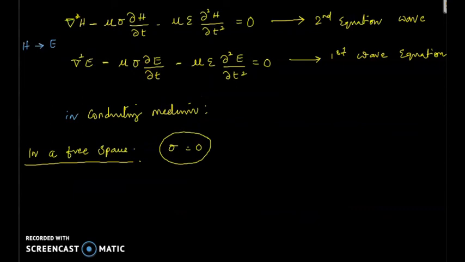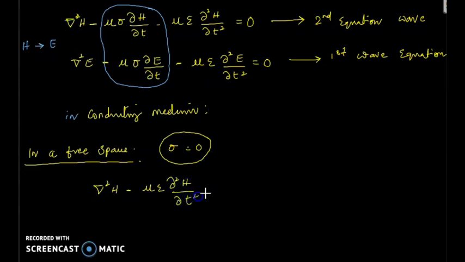Substitute sigma in the second term of the wave equation. So the wave equation can be rewritten as del square E minus mu epsilon dou square E by dou t square equal to 0.